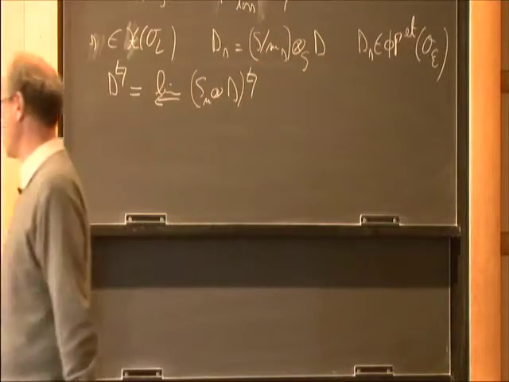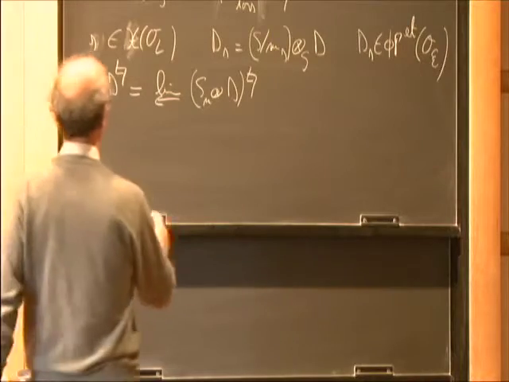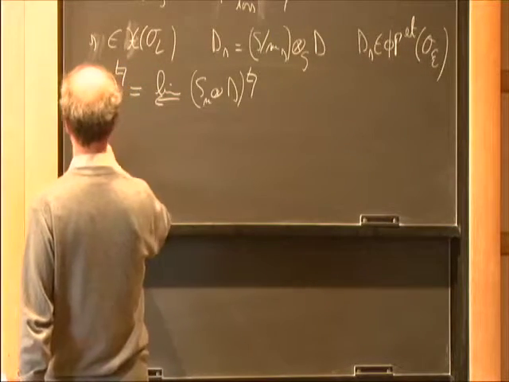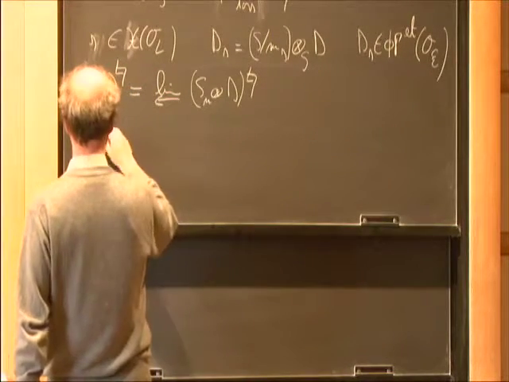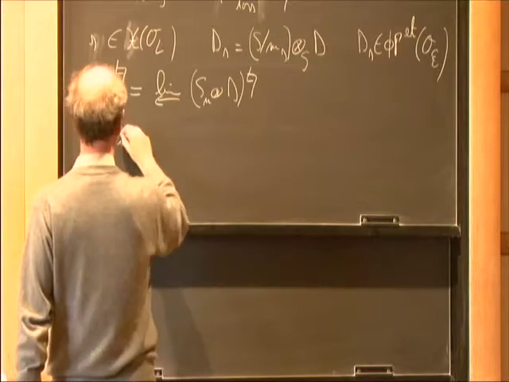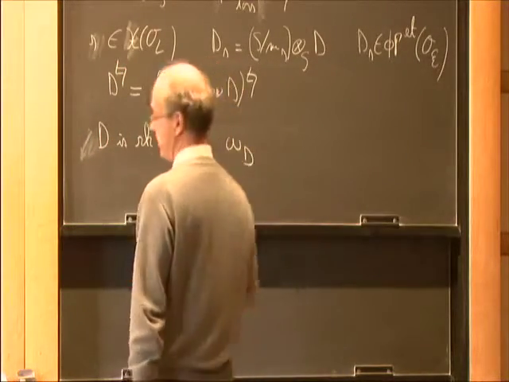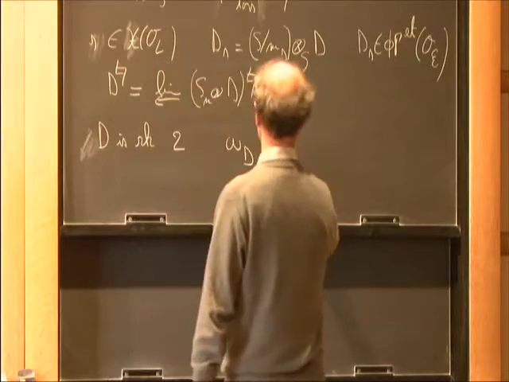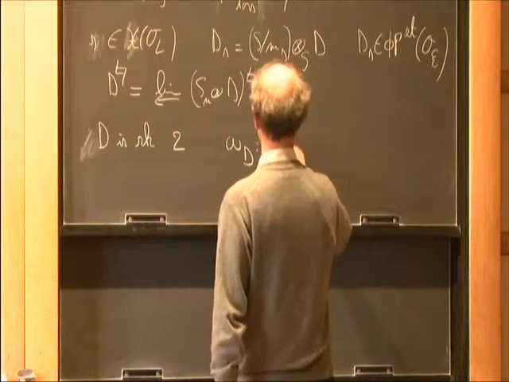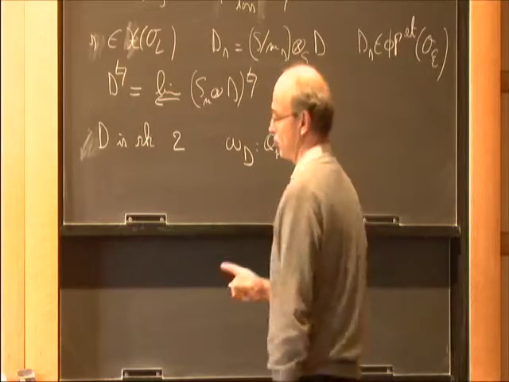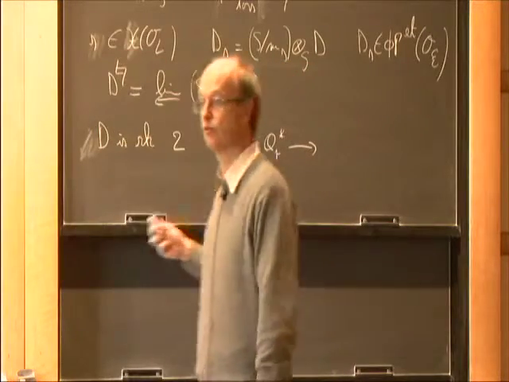Now we assume that D is rank 2. Then you get, with the same formula as here, some omega D, which goes from QP star, but now it does not go to OL star, but it goes to S star.